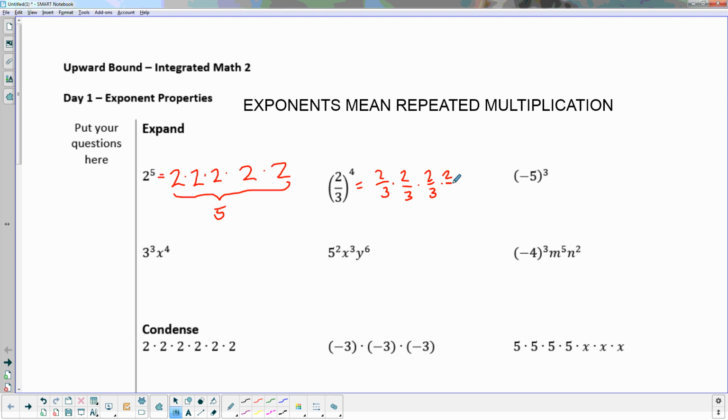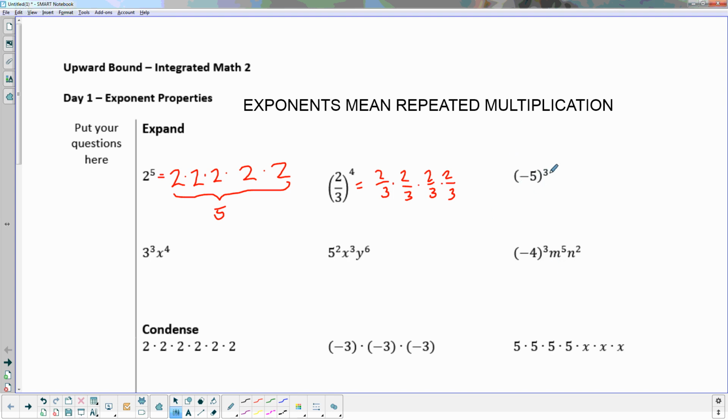And trust me, the last one I put into the calculator was like 2 to the 100,000 or something like that, and I definitely wouldn't want to write down 2 100,000 times either. So I don't think I'm asking you to do that, but we're going to use this expanding and condensing of these exponents to help ourselves understand what the rules are. That's our goal with these problems here.